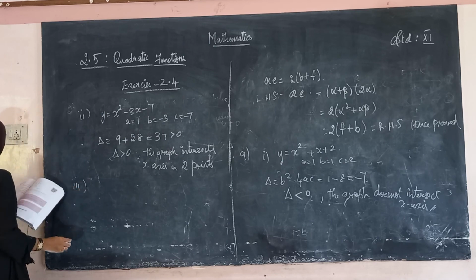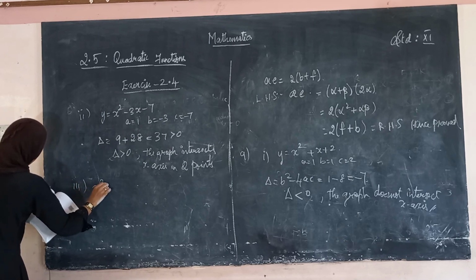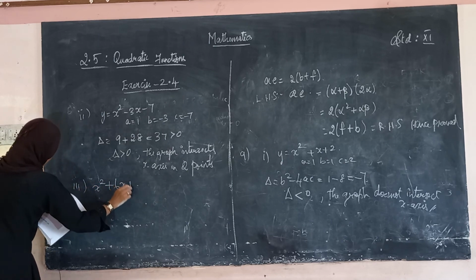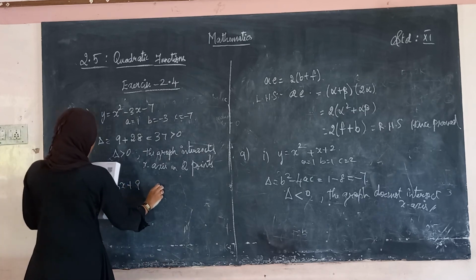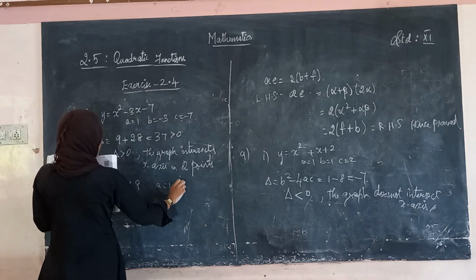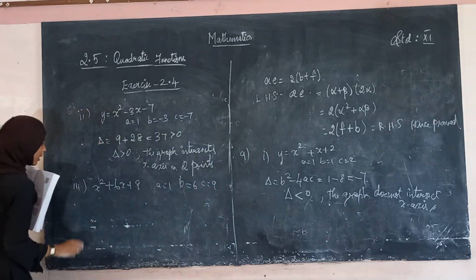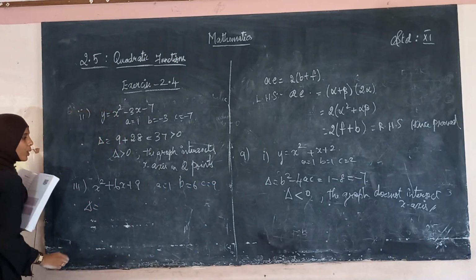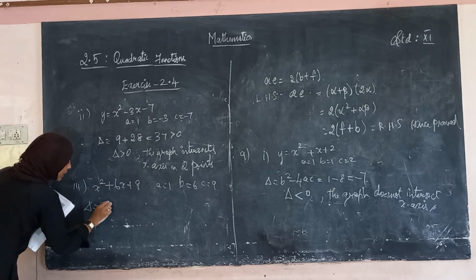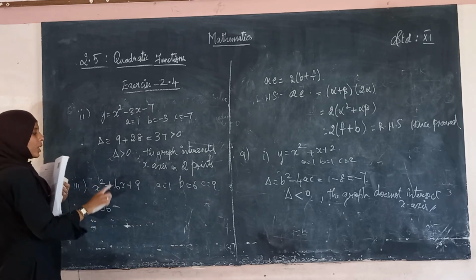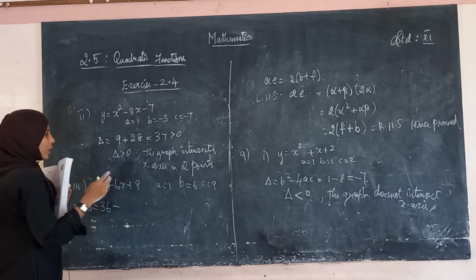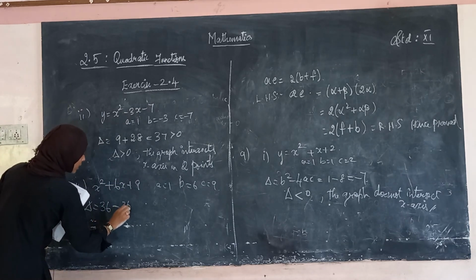The next subdivision, third subdivision. What's the third subdivision? x squared plus 6x plus 9. Here what's the value of a? a is equal to 1, b is equal to 6, c is equal to 9. Del is equal to b square minus 4ac. b square is 36, minus 4 into a into c, 4 into 1 is 4, 9 into 4 is 36, is equal to 0.